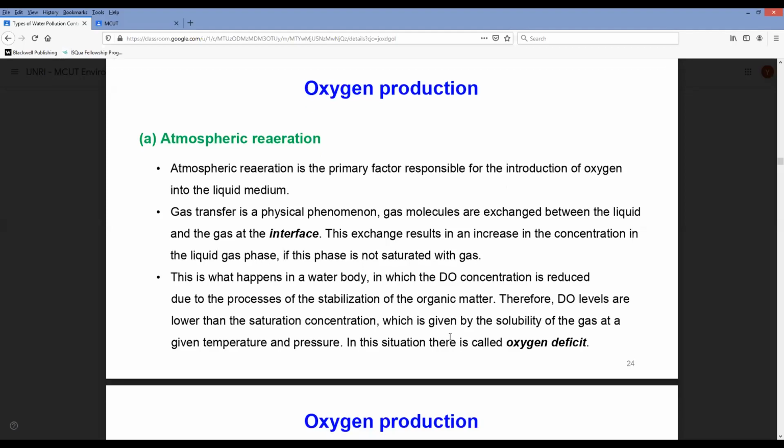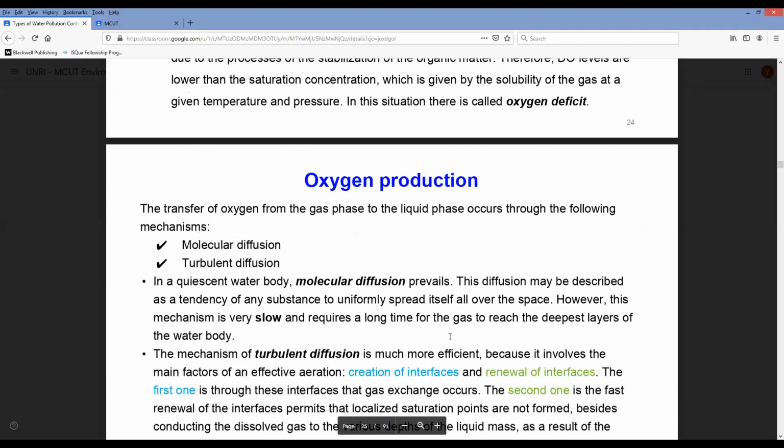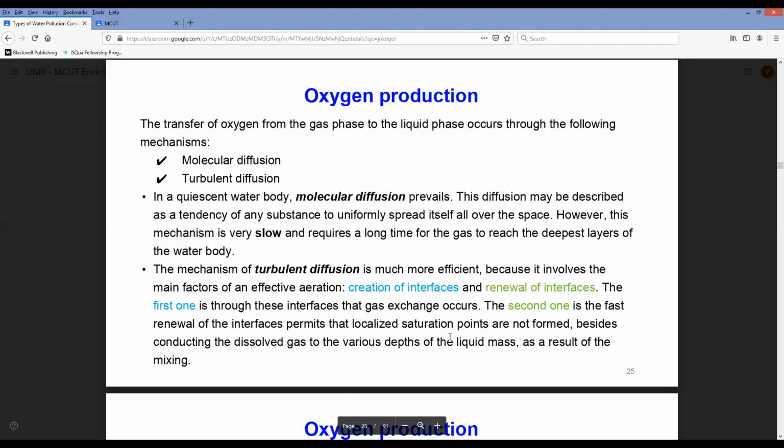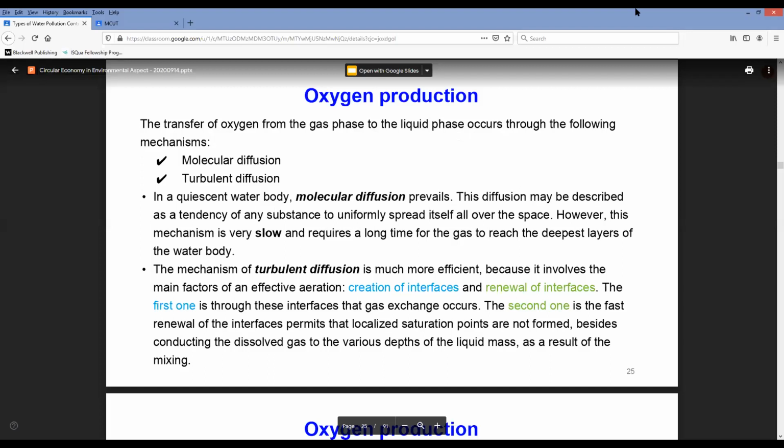Okay, and then the next is what happens in the water body. The transfer of the oxygen from the gas phase to the liquid phase occurs through the following mechanisms. The first one is called molecular diffusion, and the second one is turbulent diffusion. In the quiescent water body, molecular diffusion prevails.